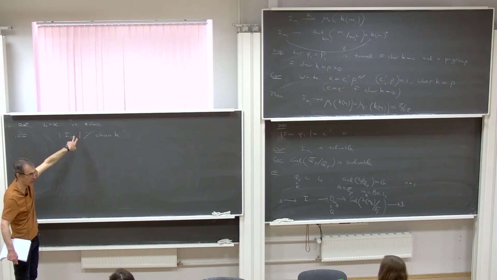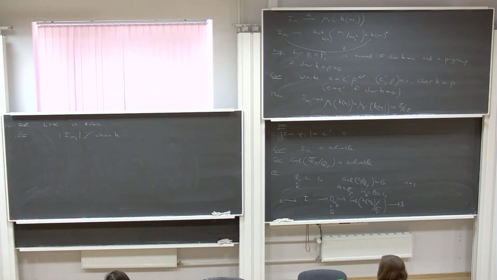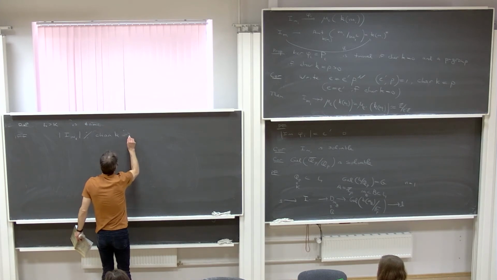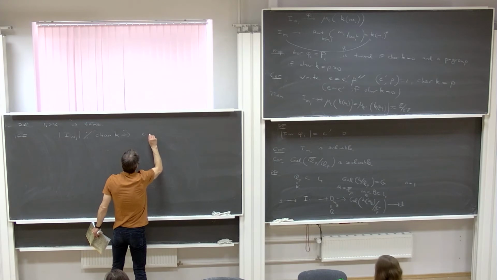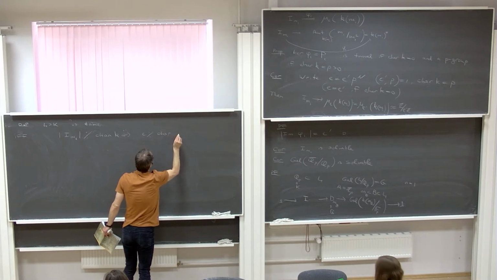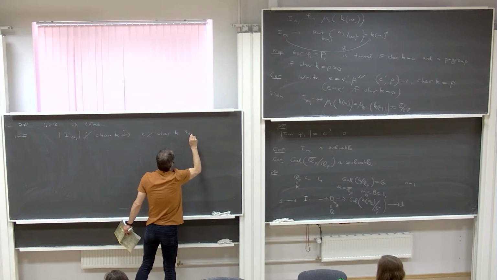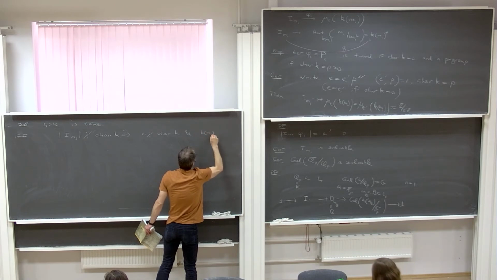So it's enough to check this condition for one I. And this is equivalent to saying that the ramification index is not divisible by the characteristic of K, and the residue field extension is separable.